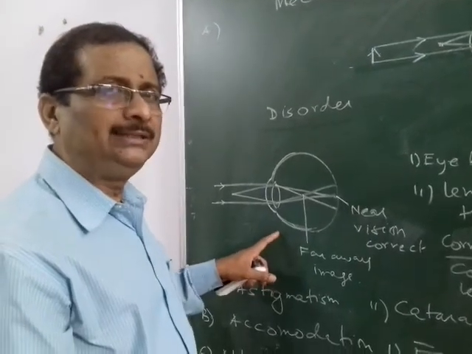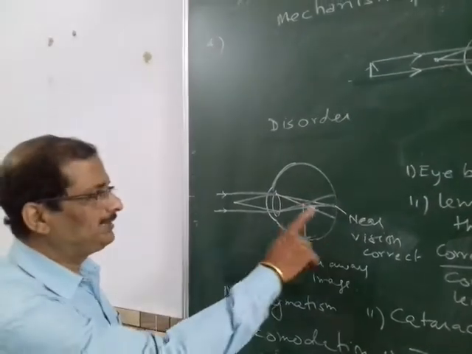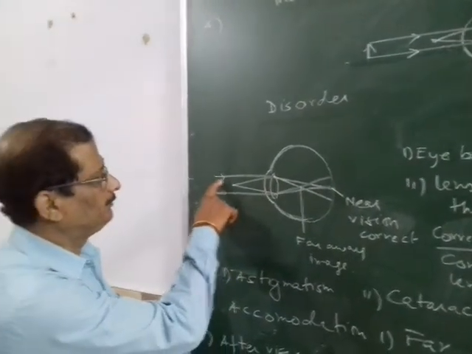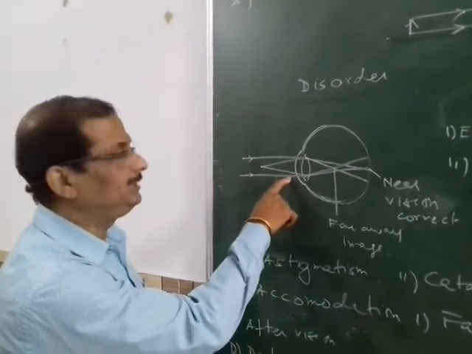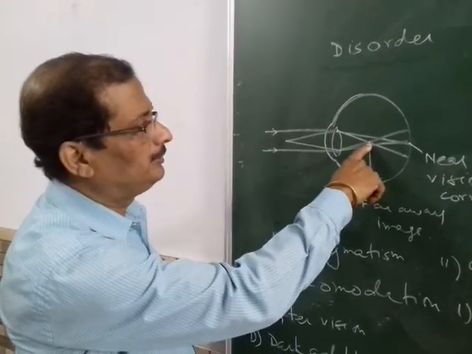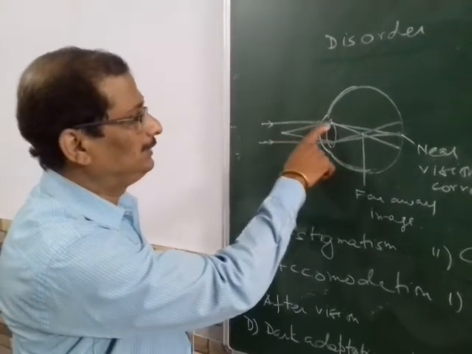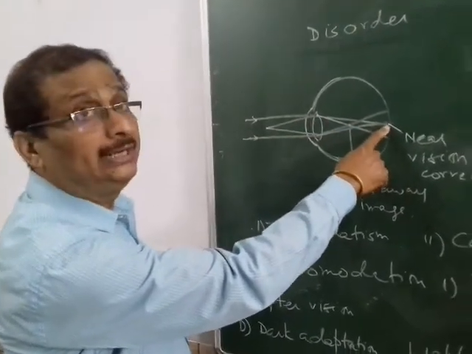That means you can see the near object but you cannot see the far away object. The image from a far away object is formed in front of the retina, whereas a near object is focused correctly on the retina.